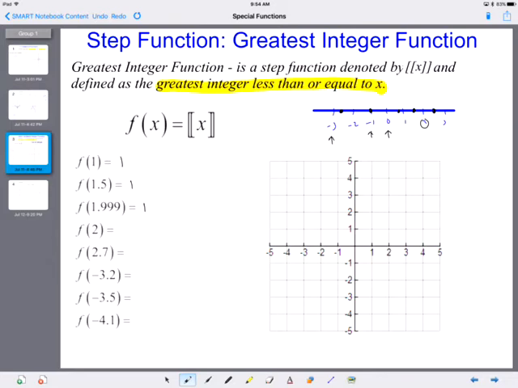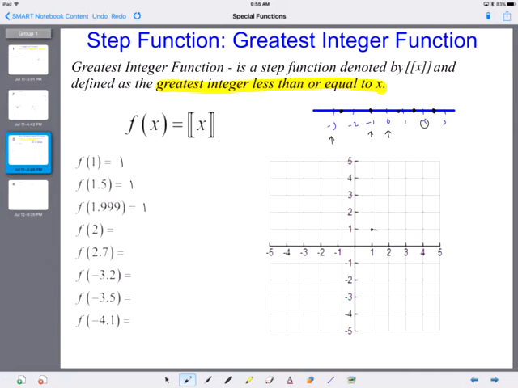And so all these values from 1 to 1.99999 give you an output of y. So all of these ordered pairs are 1, 1, 1.1, 1, 1.5, 1, 1.9999, 1. And so anything from x equals 1 to 2 almost is always going to be 1.